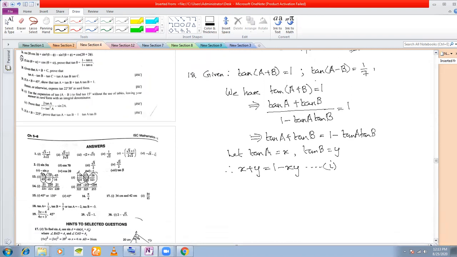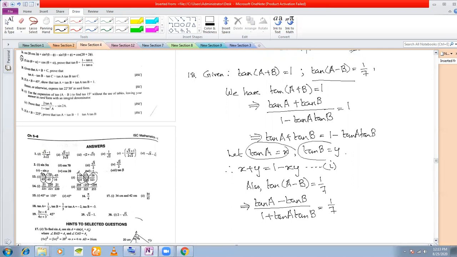Now we'll start with the second one, tan A minus B. Also, this tan A minus B is equal to 1 by 7 will give me my second equation. And we know the formula for tan A minus B to be tan A minus tan B divided by 1 plus tan A tan B equal to 1 by 7. And tan A I have taken as x, tan B I have taken as y.